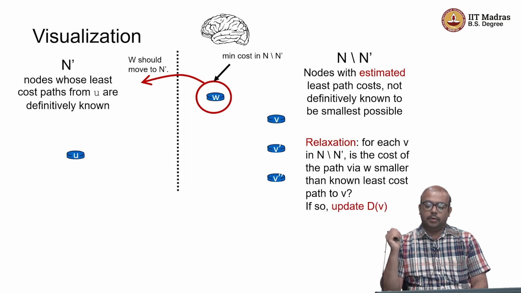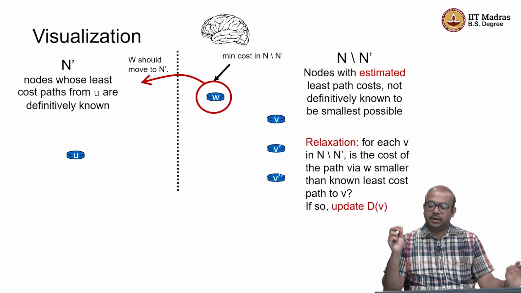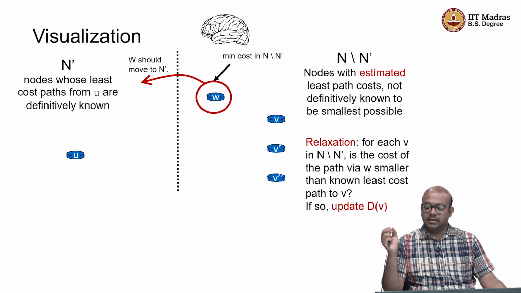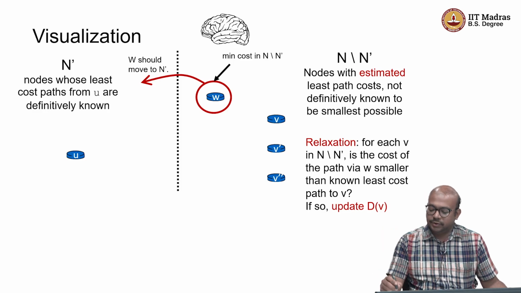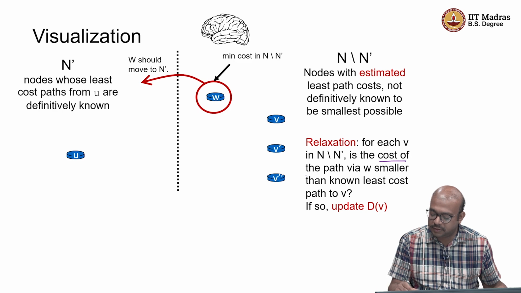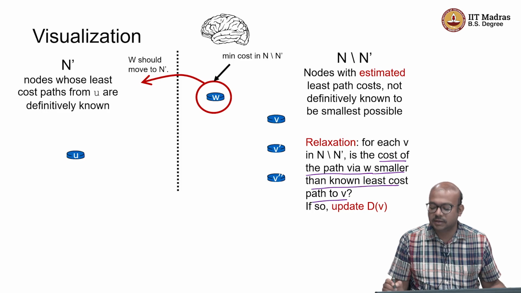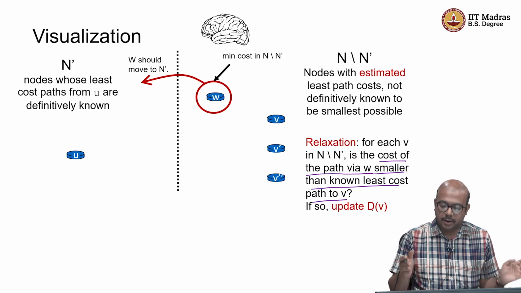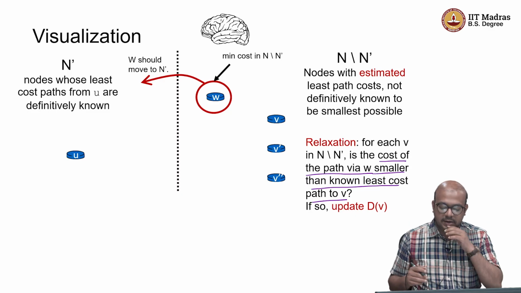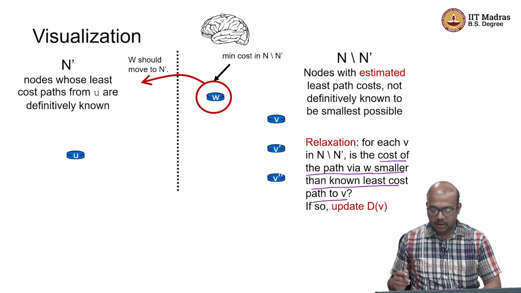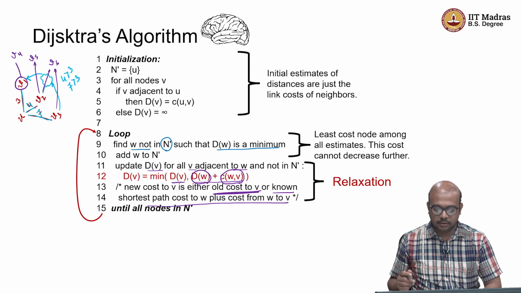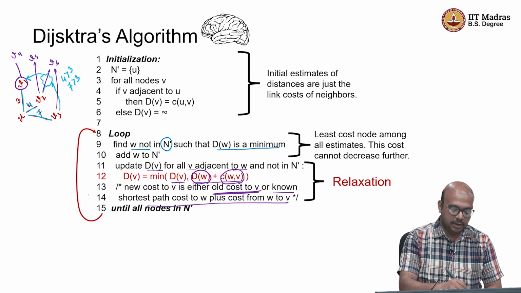Now, we have to do this relaxation step. So, for each V in N minus N prime, we ask this question: is the cost of the path via W smaller than the known least cost path to V? So, we are at a certain stage in the iteration. If you remember the loop that we were working on, this is the loop that I am referring to. Okay.